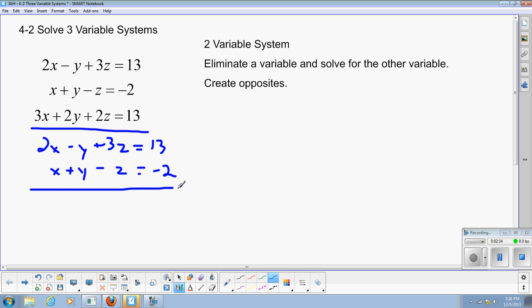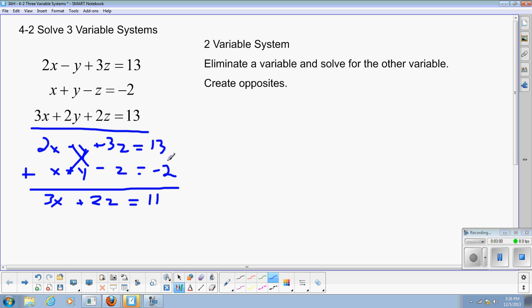When you had a two variable system and you had opposites, you added them together. You're going to do the same thing here. We will add these together. 2x plus x is 3x. Plus y minus y cancels. Plus 3z plus a -1 is going to give me plus 2z. 13 plus -2, that's 11.